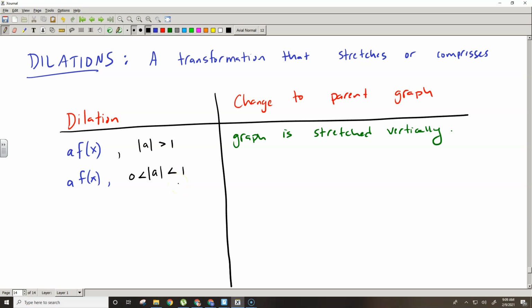It could be like negative 0.5 or positive 0.5 or what have you. Then it's going to be compressed vertically, or we can think of it as a vertical compression. So we're going to say the graph is compressed vertically.